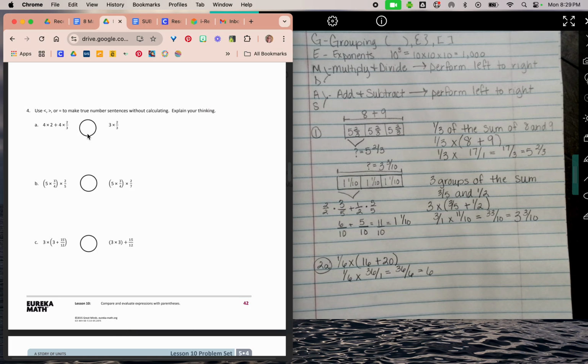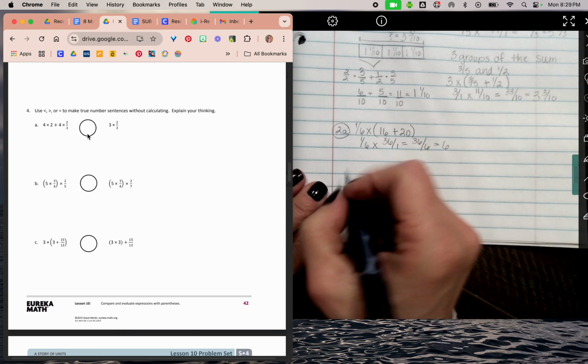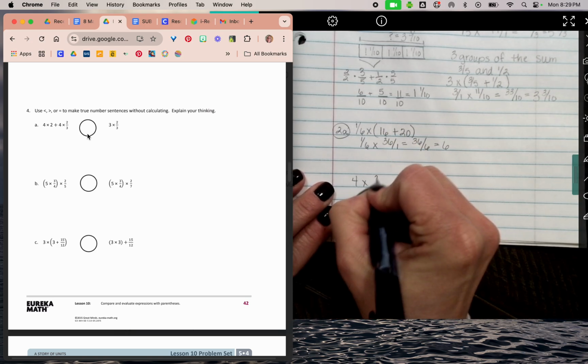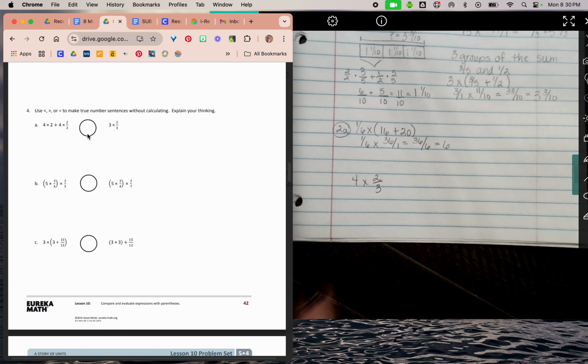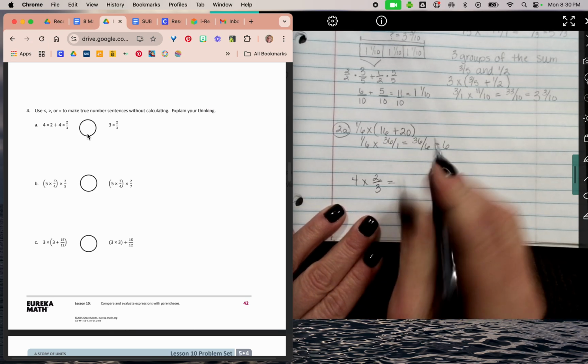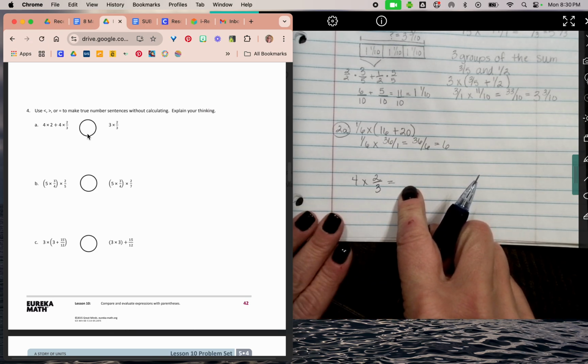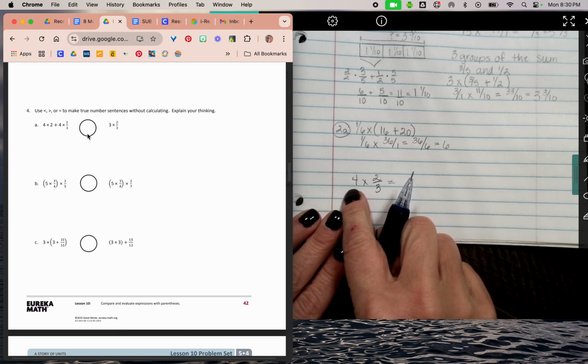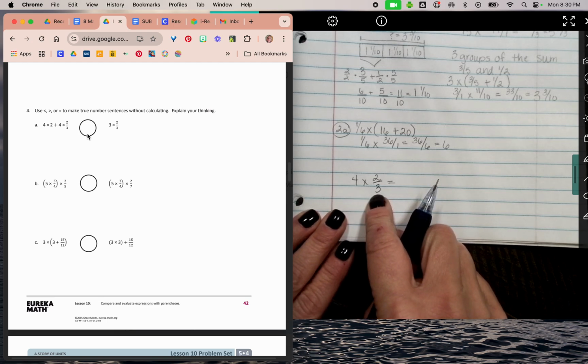So they're wanting you to use your sense of thinking. Remember, anytime we have a whole number times a fraction less than 1, the product is going to be smaller than that number. So for instance, when we take 4 times 2/3, we know that our product is going to be smaller than 4, because in order for it to be 4 exactly, we'd have to multiply it by the value of 1, and 2/3 is less than 1.